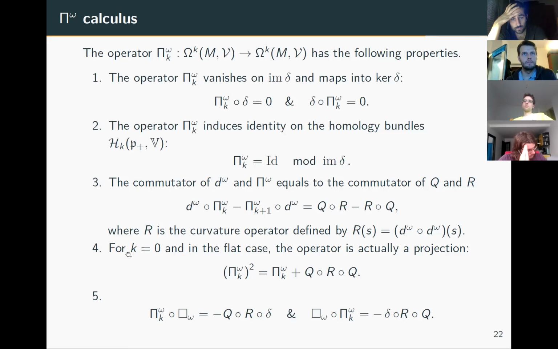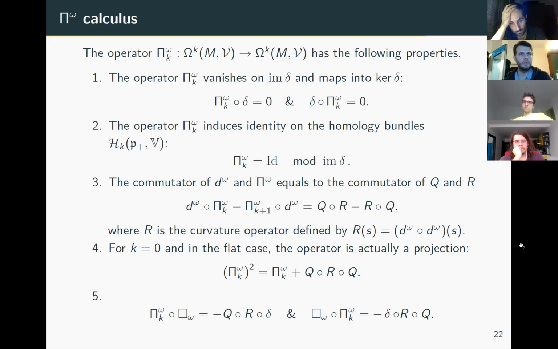And for k equals 0, in the flat case, the operator is always a projection. In general, when you square it, it's not a projection. There is again some differential operator of high order, curvature, again differential operator of higher order, and so on.